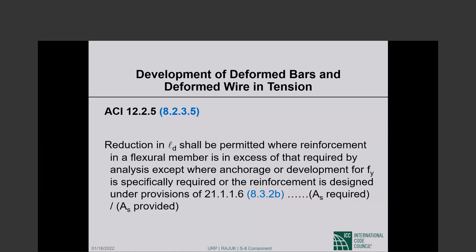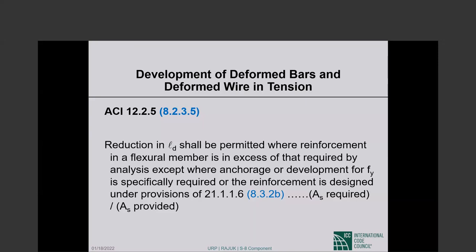And those cases are basically where the code ACI 318 specifically requires full F sub y to be developed. That happens in high seismic applications all the time. There are other cases where bars are specifically required to develop full F sub y. In those cases, you cannot take this reduction, okay?